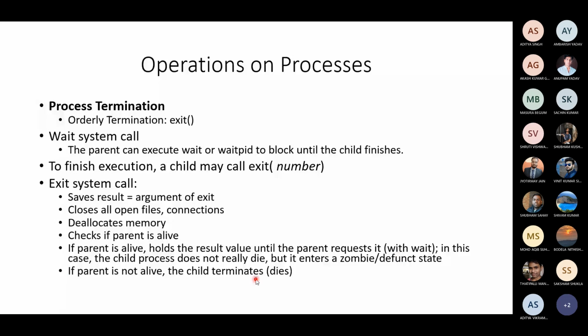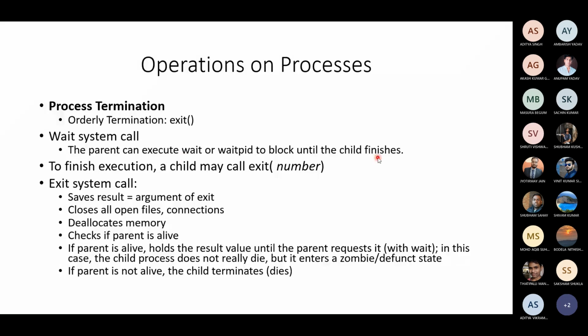Is this clear? So in order to terminate a process, we will use the exit system call. You can make a parent wait for some time using the wait system call. The wait system call is always called by the parent. The parent can execute wait until the child finishes.